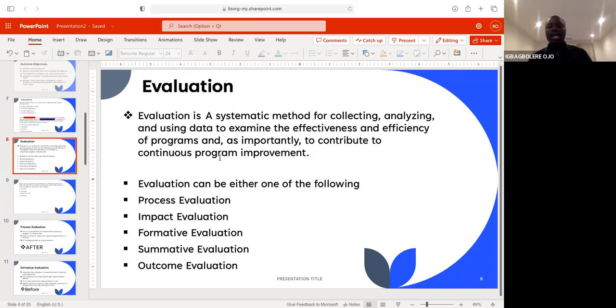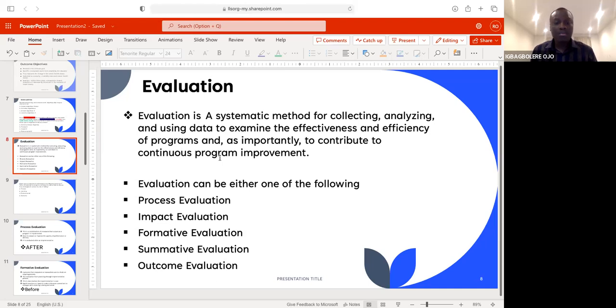Evaluation can be one of the following. When you have a program, an intervention, an implementation plan, an advocacy plan, or you've been asked to evaluate leadership, what are the types that you should be looking at?